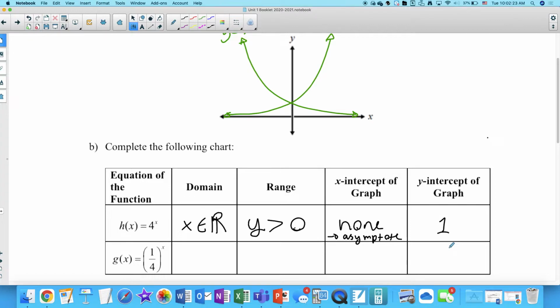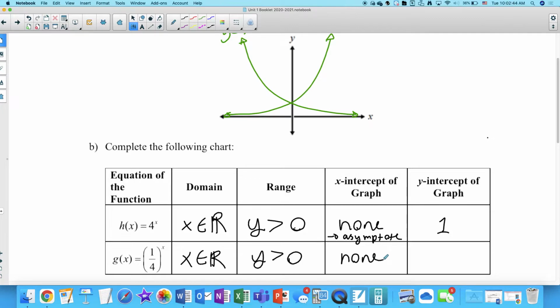Yeah, same thing. X is an element of the real numbers. What about the range? Y is still greater than 0. X-intercept, same thing. And the y-intercept, still 1.